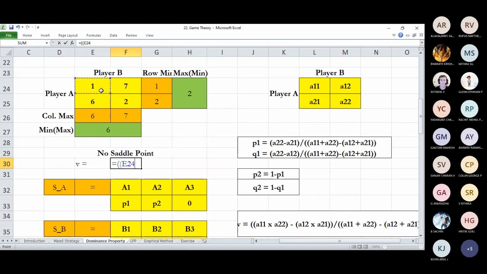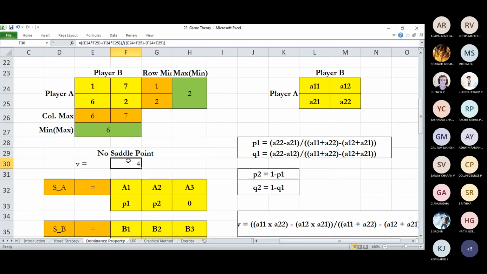A11 multiplied by A22 minus A12 multiplied by A21, divided by A11, which is this, plus A22 minus A12 plus A21.